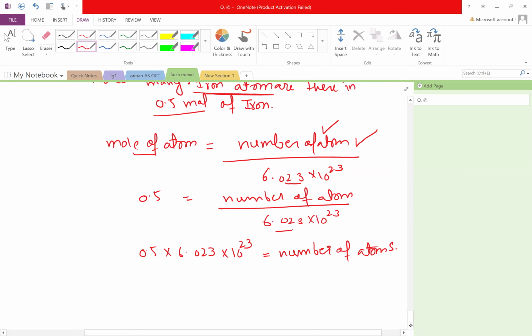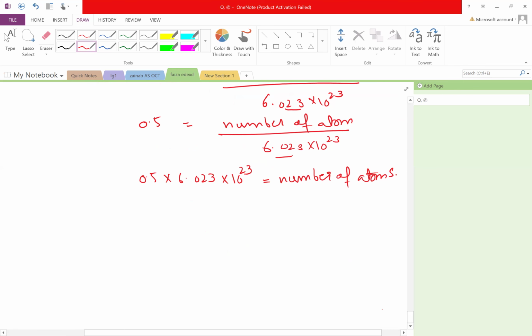Now the next question is when we are going to use the molecules basically. I'm writing the question: what is the number of hydrogen molecules?